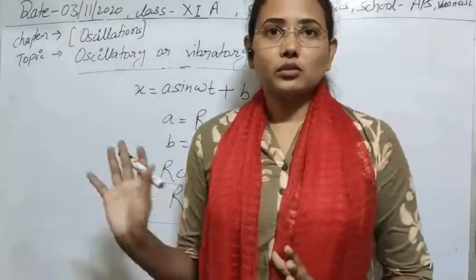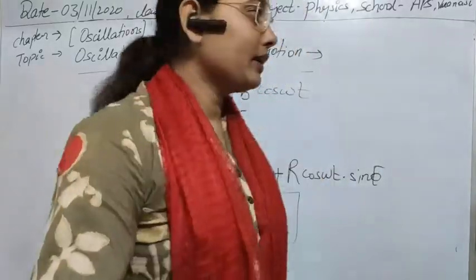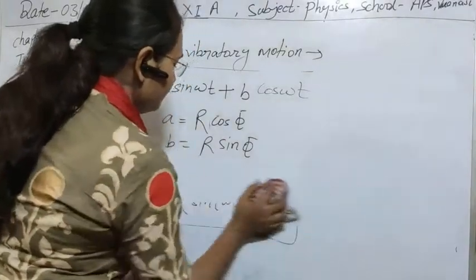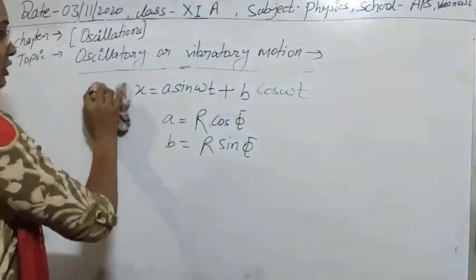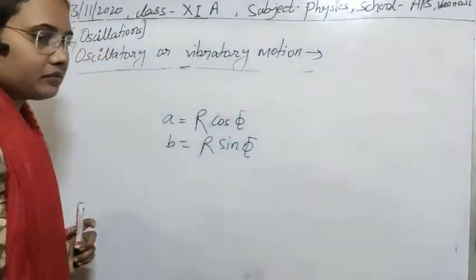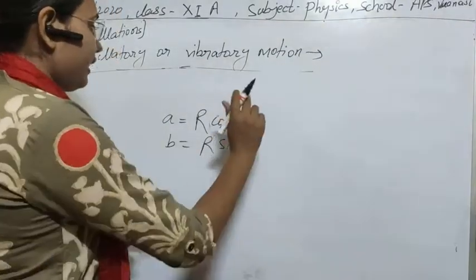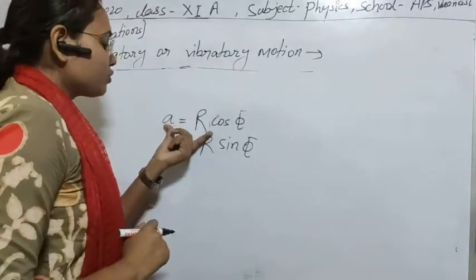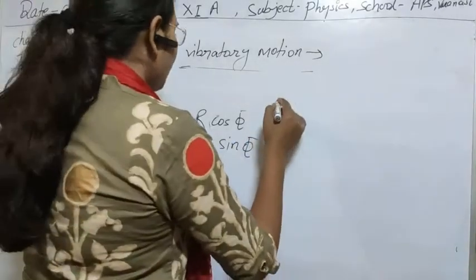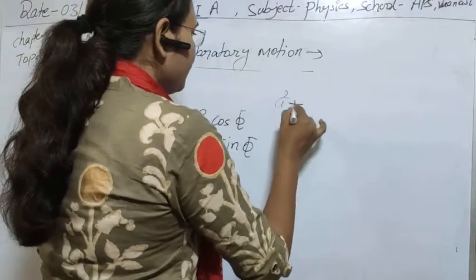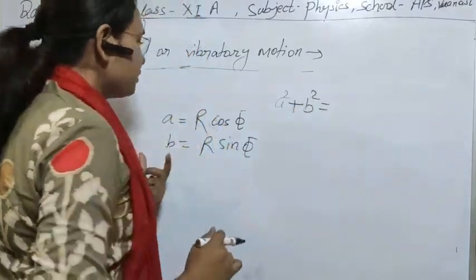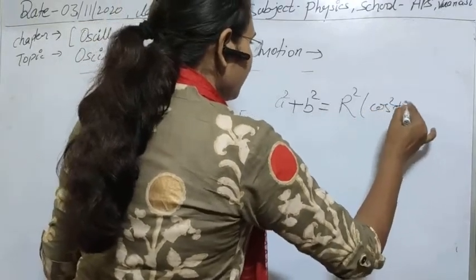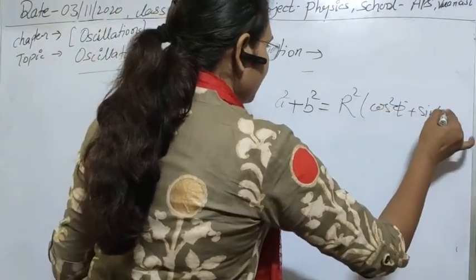So I think there is no confusion regarding that, and you can also calculate the value of r and phi in this case. So this is the resultant displacement of two waves which are superimposed over each other. If you want to calculate the value of the resultant amplitude, square them and add them. After squaring, if we add them, a square plus b square is equal to r square (cos square phi plus sin square phi).